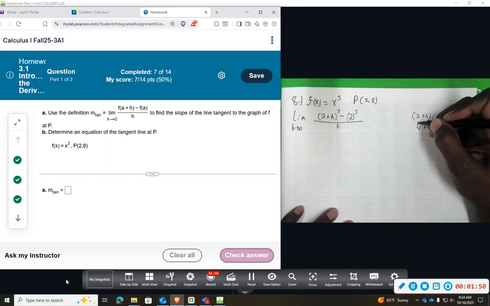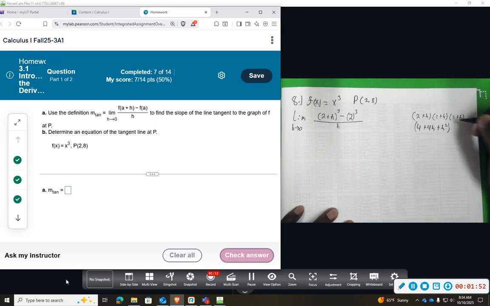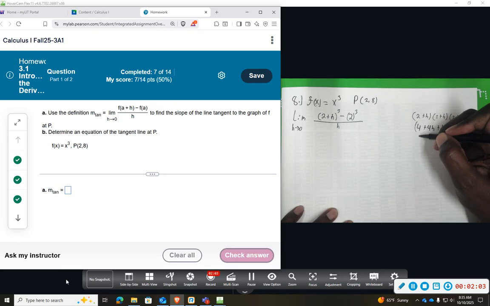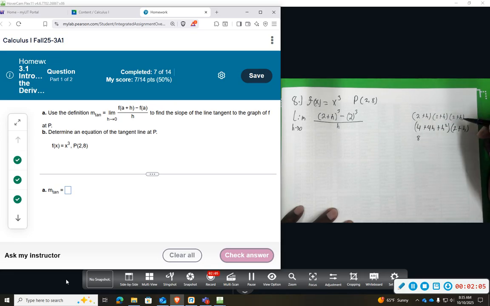Then we'll multiply this by 2 plus h. So we'll multiply everything through by 2 and then combine like terms. 4 times 2 gives us 8. 4h times 2, 8h. And then h squared times 2, 2h squared. So everything got multiplied by 2.